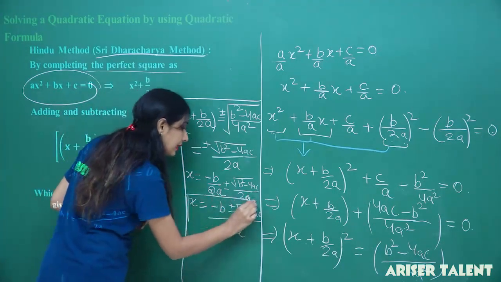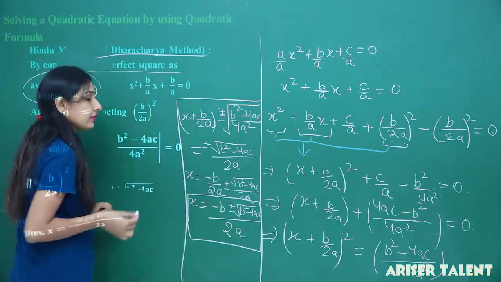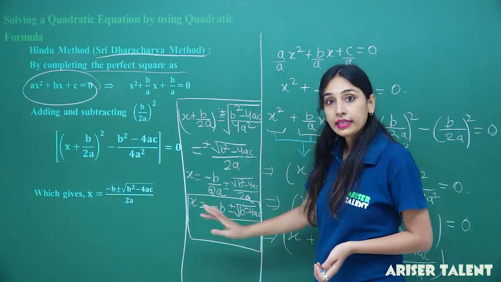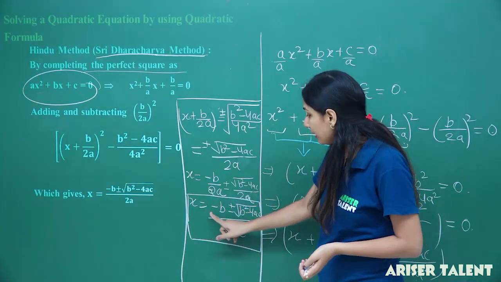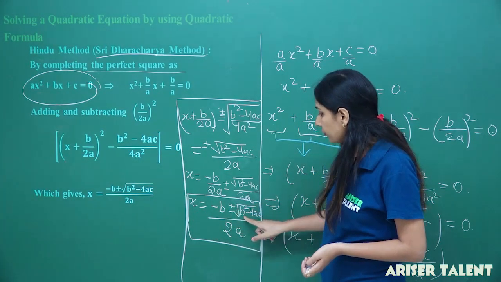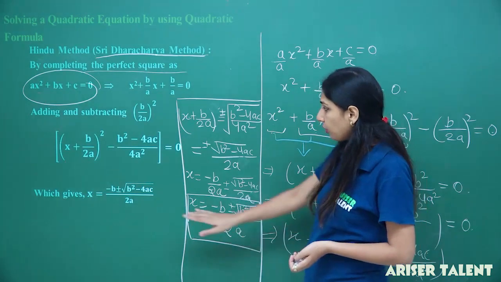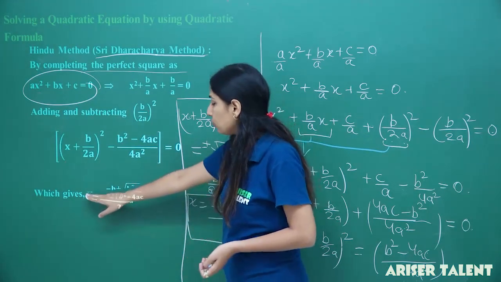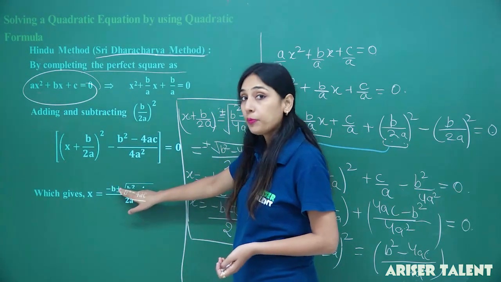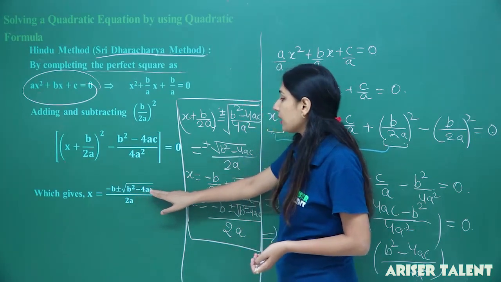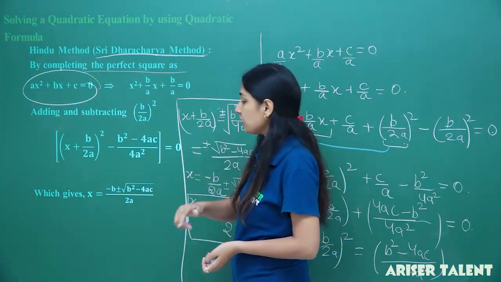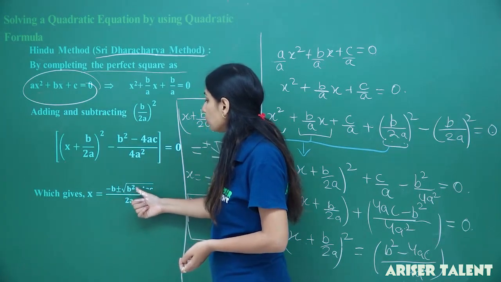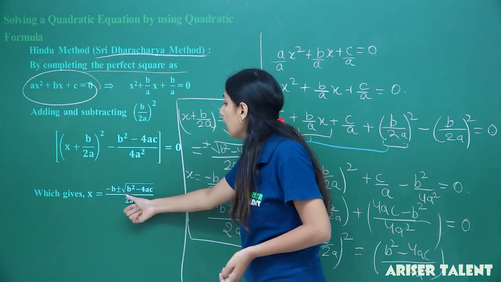Now this will be the value of x, so you can call it roots of the quadratic equation. The roots of this equation will be minus b plus root b square minus 4ac upon 2a in the first condition, and in the second condition that will be minus b minus root b square minus 4ac upon 2a.